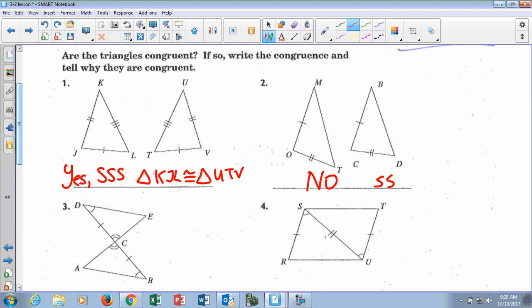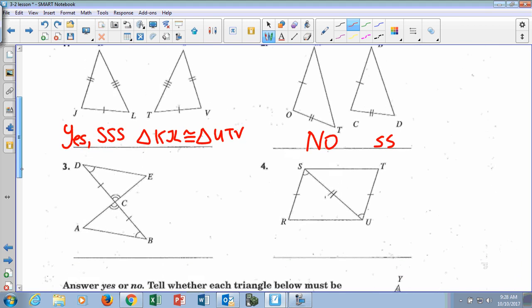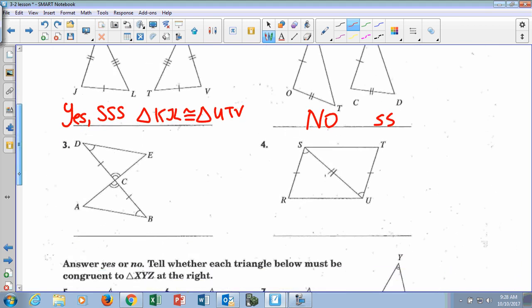What about number 3? Don't let the look fool you. All they did is they kind of put them upside down to each other. But take a look at what we have. And if you need to, look at that summary.